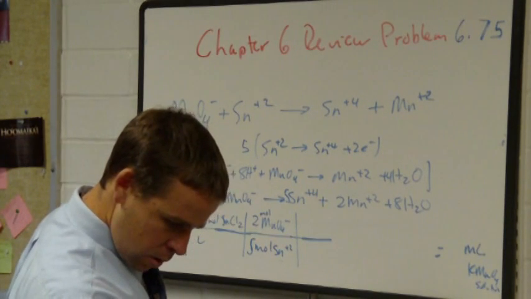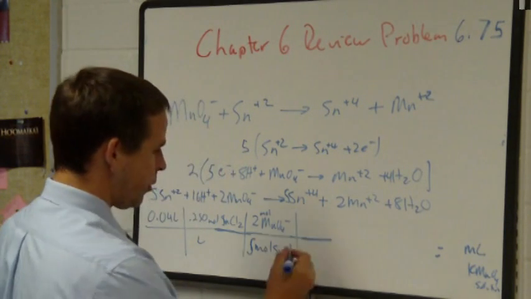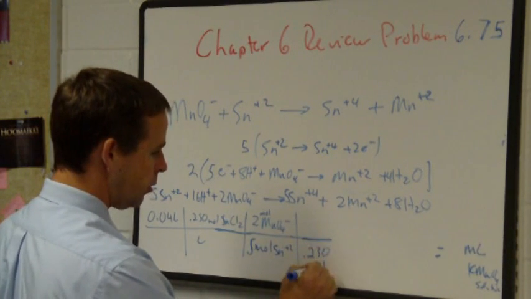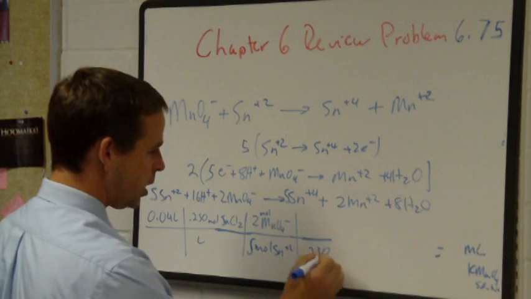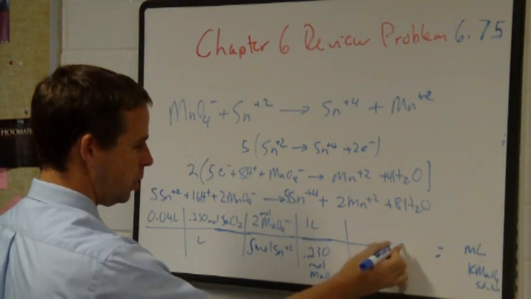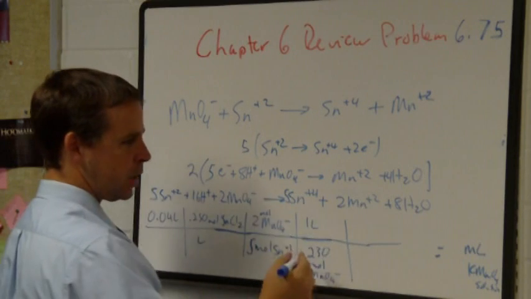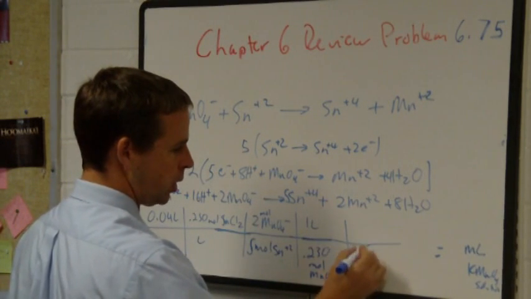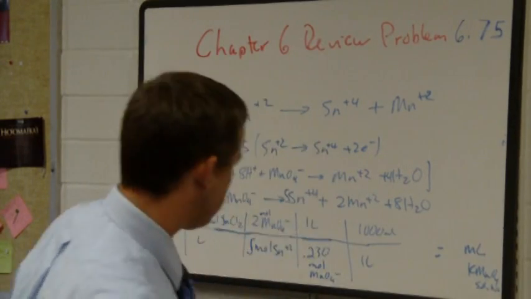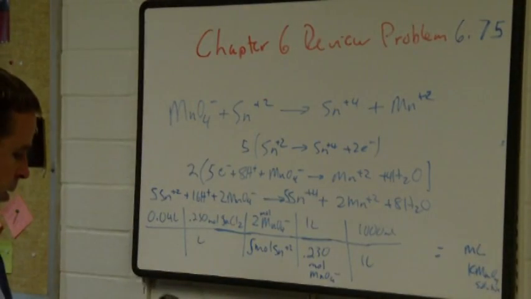So for every 1 liter of solution, there's 0.230 moles of MnO4 minus. All right? And now we're in liters of the permanganate solution. And for every 1 liter, there's 1,000 milliliters, so we just multiply by 1,000 to get milliliters.